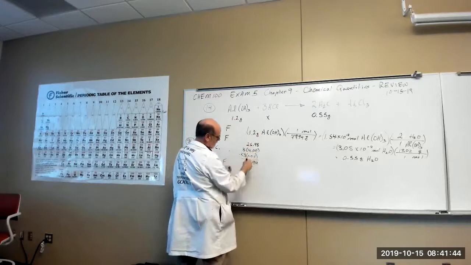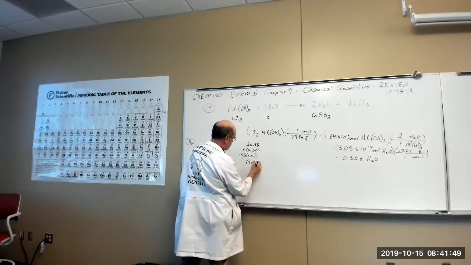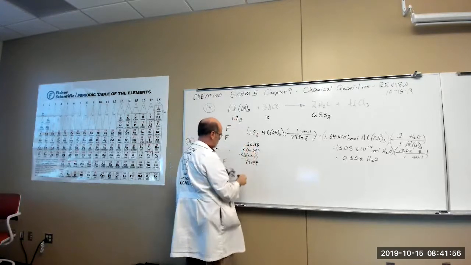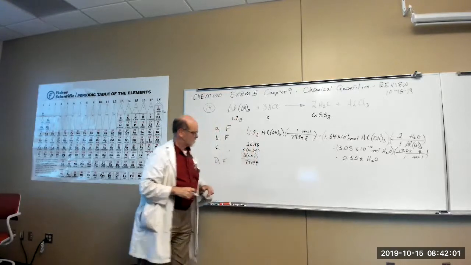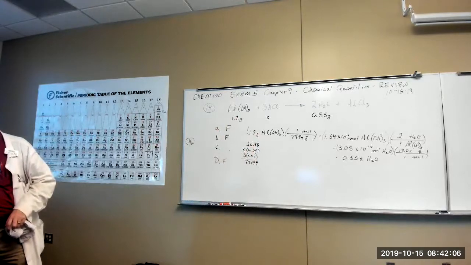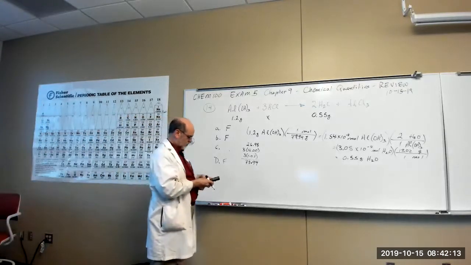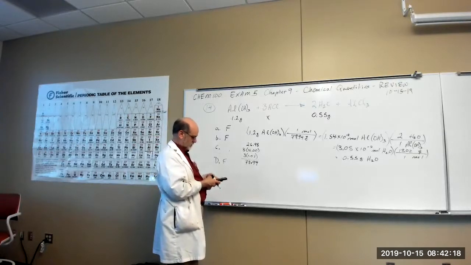Because I miscalculated here. So that's a 9... 26.98. 3 times 16 is 48.